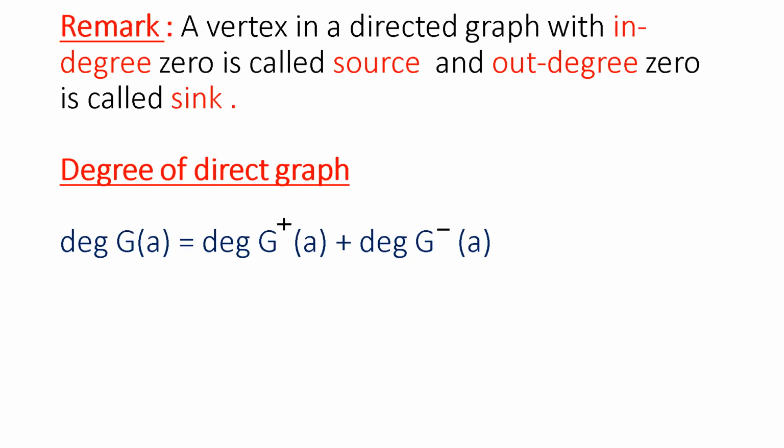Remark: a vertex in a directed graph with in degree 0 is called source and out degree 0 is called sink. From above, we conclude that degree of directed graph is found by addition of in degree and out degree of same vertex.